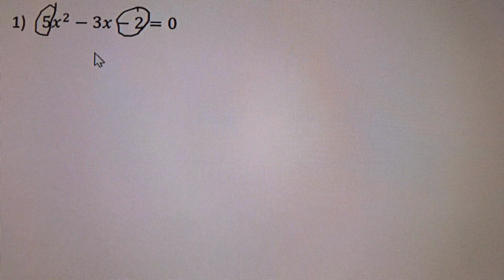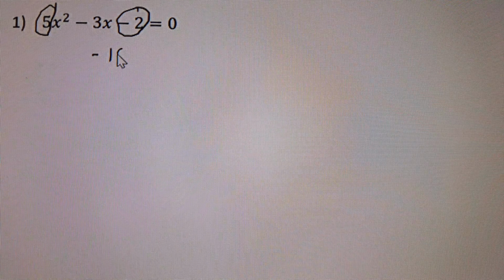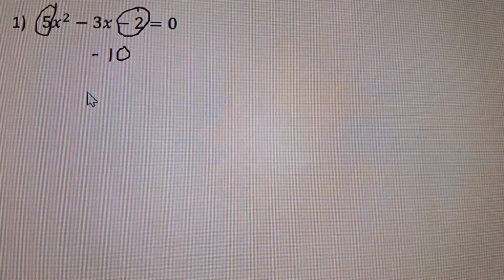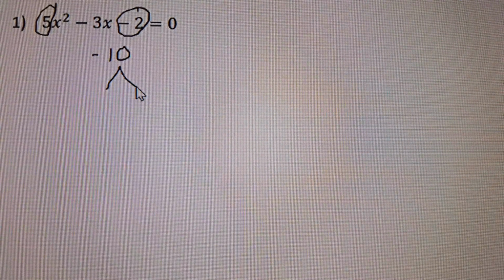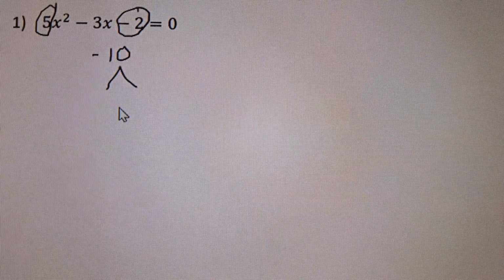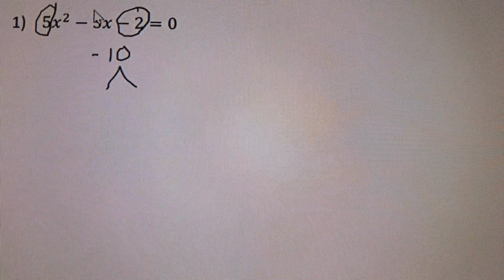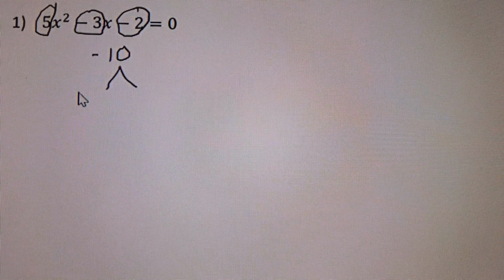It will give you 5 times minus 2, which is minus 10. The second step is to find the factors of minus 10 in such a way that when we add those two factors, it will give you minus 3, the middle number.